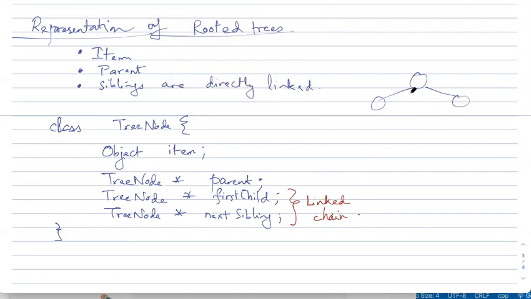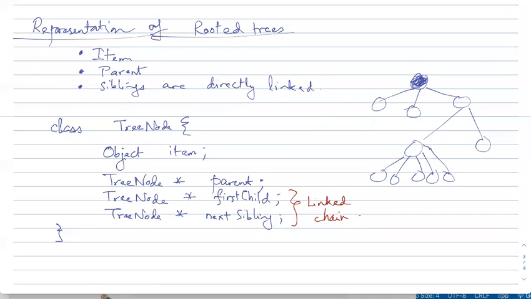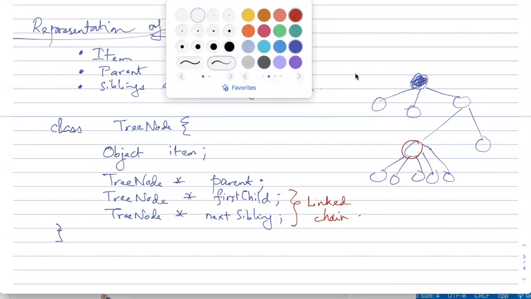if you're drawing a number of nodes, so this is the root. And so in this case, you can see for this node, suppose I'm trying to track. So let me draw a few more nodes. It becomes more interesting.